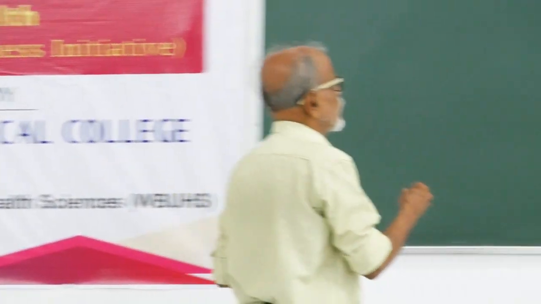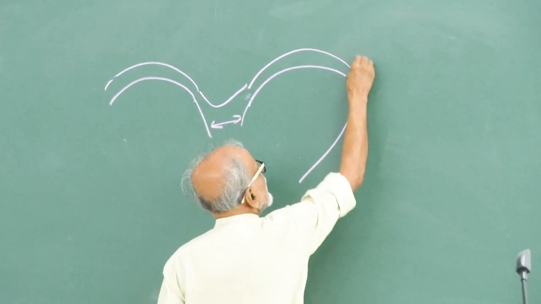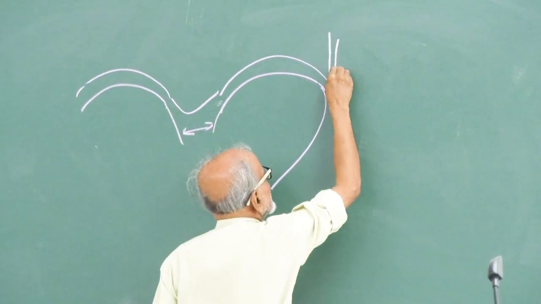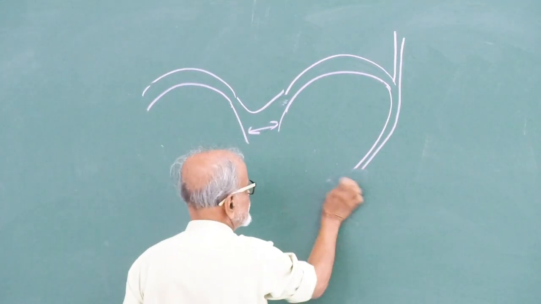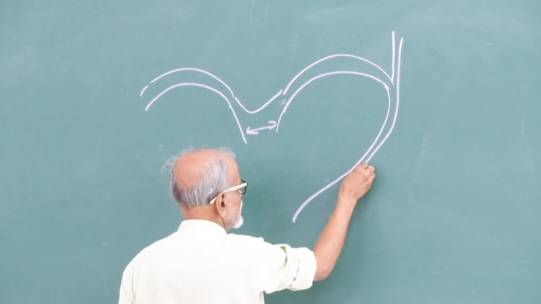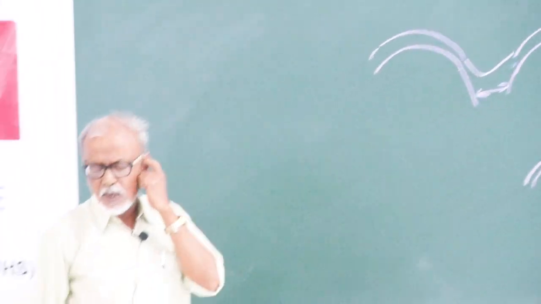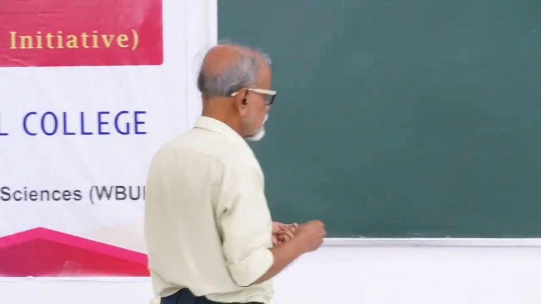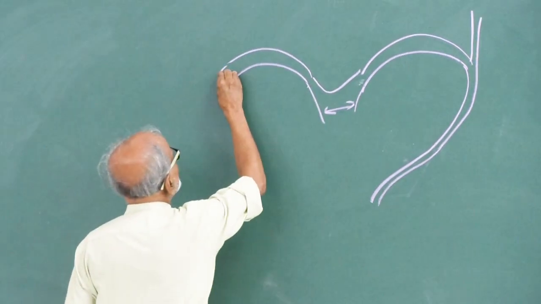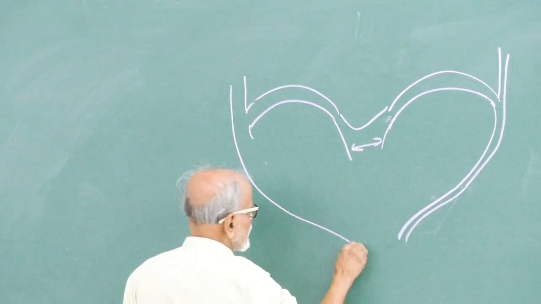So this is the dorsal aorta of the left side, and this is the dorsal aorta of the right side.